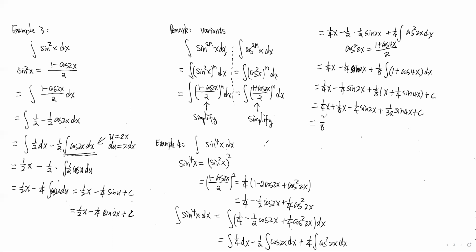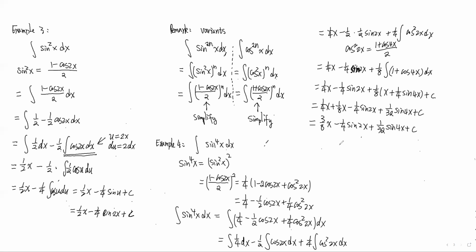So this is 3 over 8 times x, minus 1 over 4 sine 2x, plus 1 over 32 sine 4x plus c. Now I think you can understand why I didn't simplify this, compute it out.